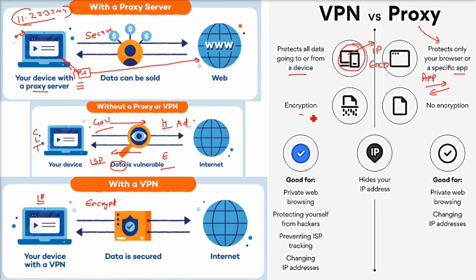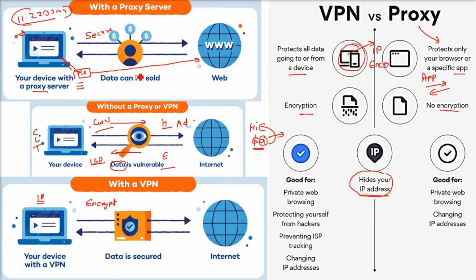So as I said, VPN provides you encryption. Proxy does not provide you any encryption. That is, if you are sending hi, it will go as $@. So nobody will be able to get this data, or even if they get it, they will not be able to find anything out of it. So IP hiding is in both VPN and proxy. IP is a unique ID.